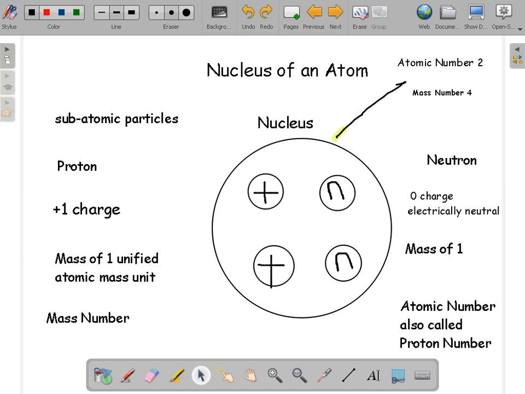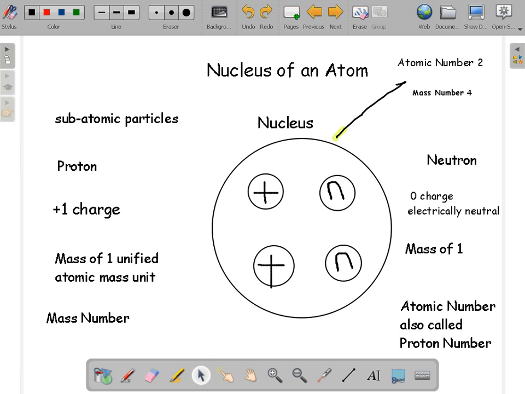If you change this atomic number, the whole properties of the atom will change. It's going to turn into a different atom. It will no longer be oxygen. It will turn into carbon, hydrogen, or any other element. So atomic number defines the actual element. It stays the same for a certain element.